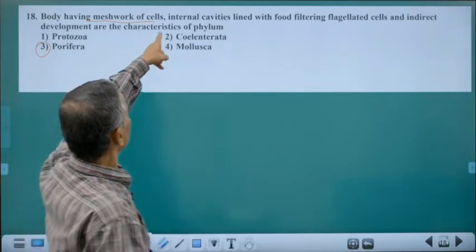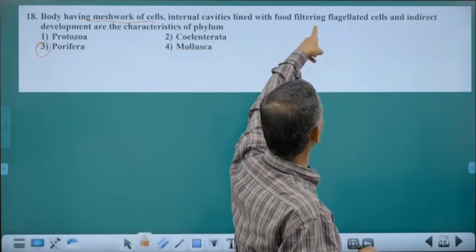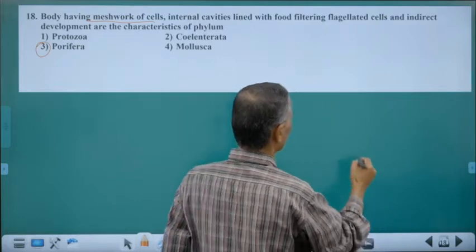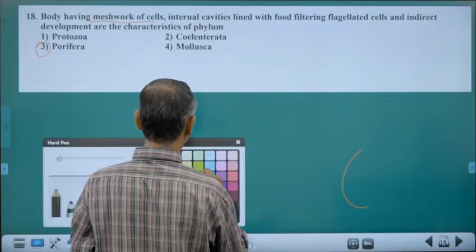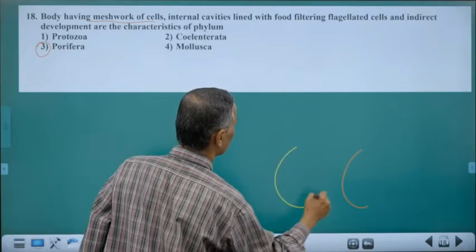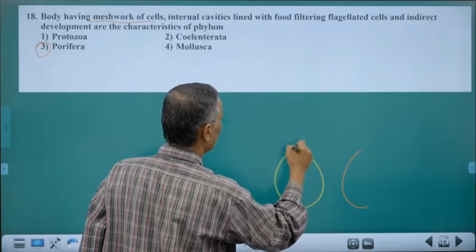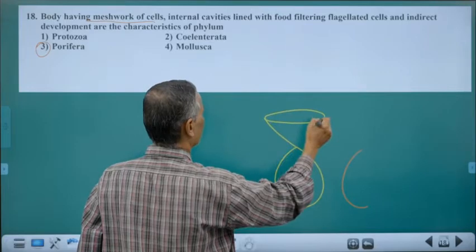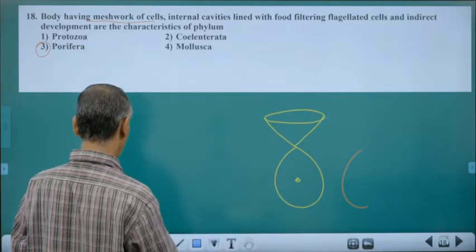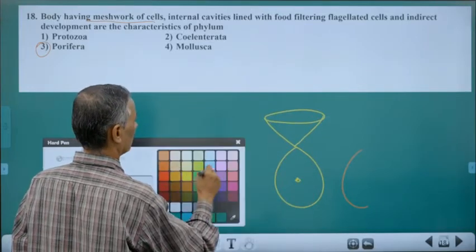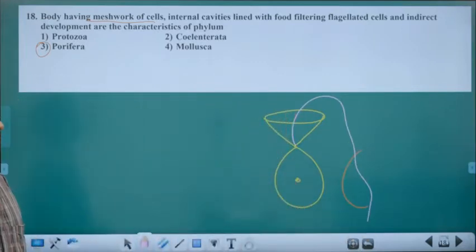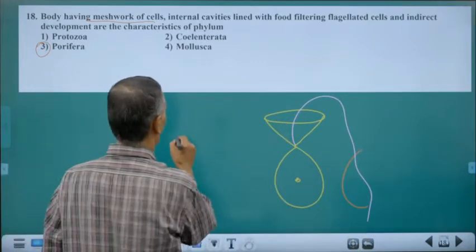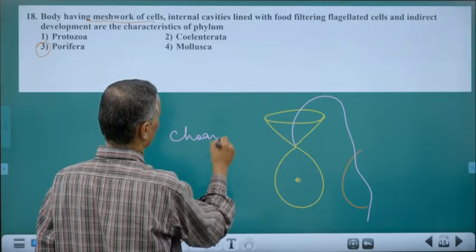But internal cavity is lined by food filtering flagellated cells. What are those food filtering flagellated cells? See, a cell which is having a choanum, a collar. It is food filtering. Choanocytes are characteristic.